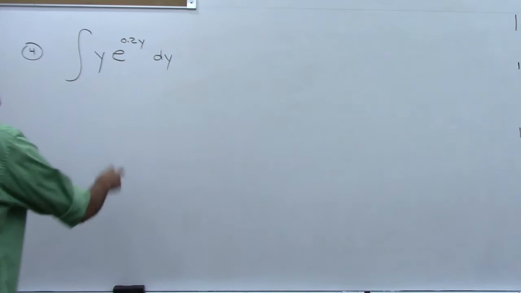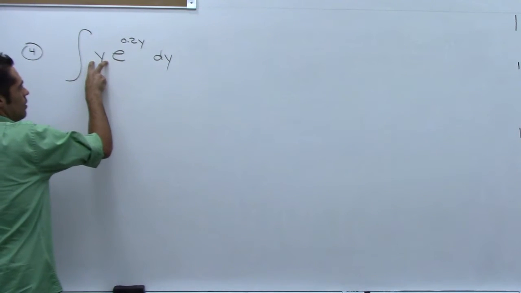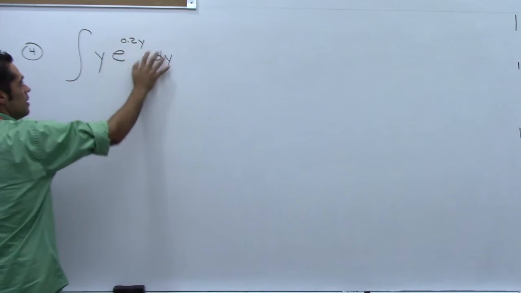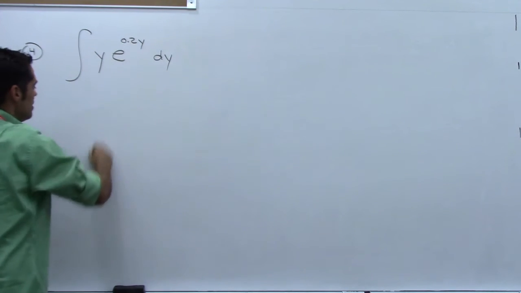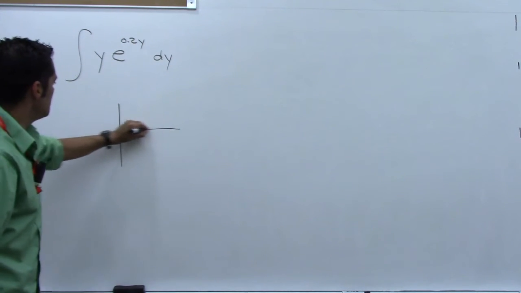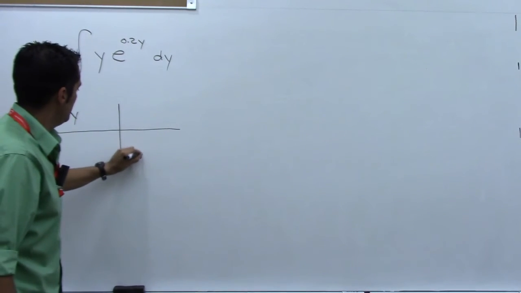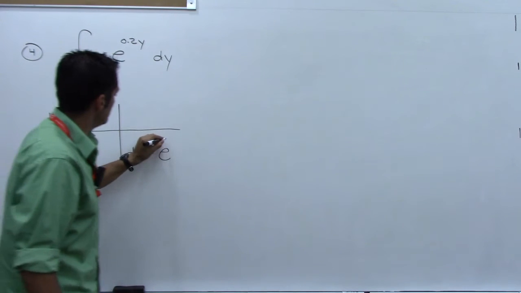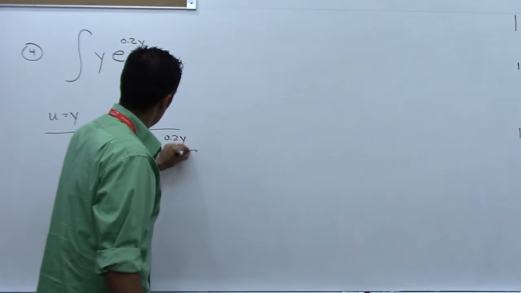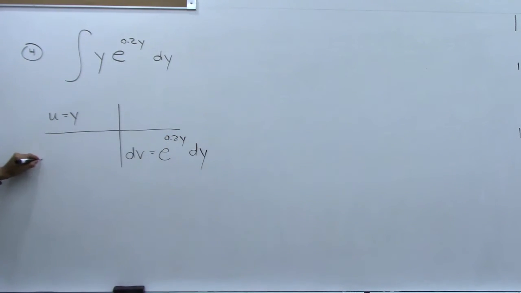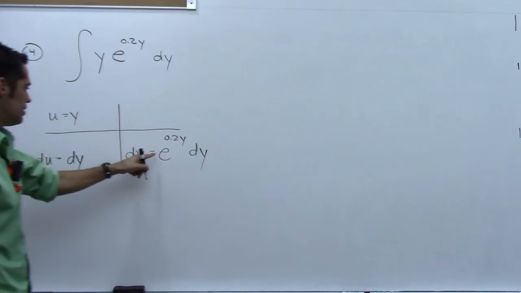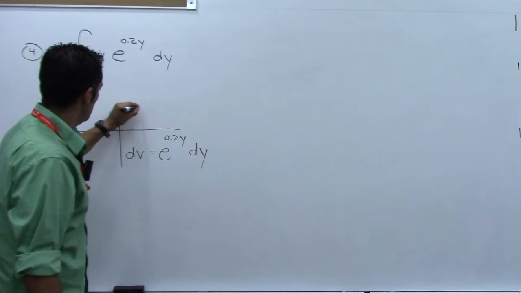All right, so if I take the derivative of this, I get 1, or just dy, and then I should be able to integrate this pretty easily. So my choice of u here will be y. My dv will be everything else. The derivative of y is just dy, and then the antiderivative here will give us v.